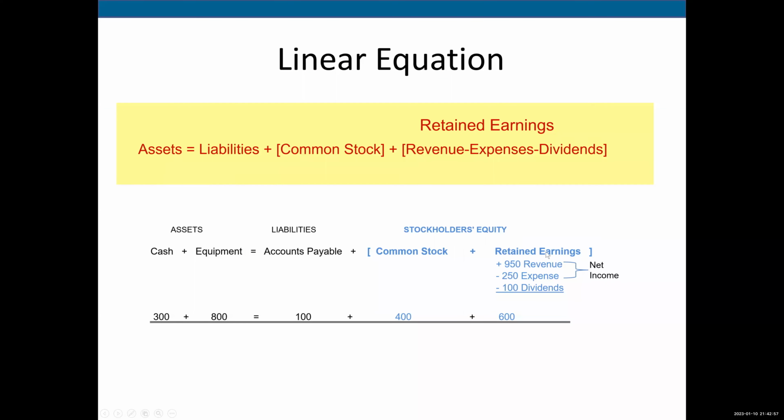Notice that in retained earnings, we have our profit, which we call net income. That would be revenues minus expenses. And we must have distributed some of those profits to our owners, our shareholders. That's where we get the $100 in dividends. Now, we can start entering transactions in this linear equation.